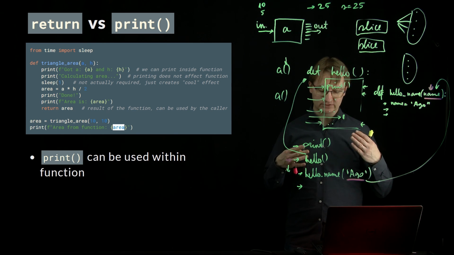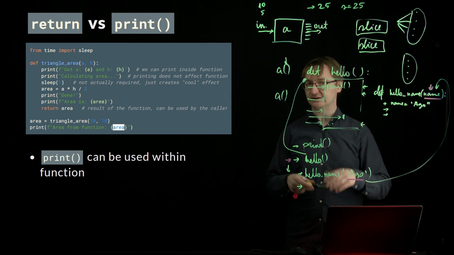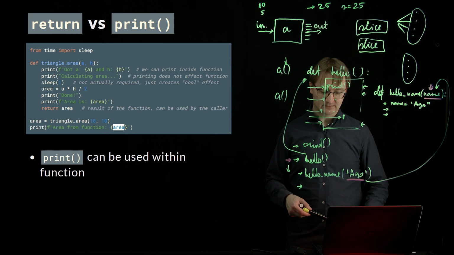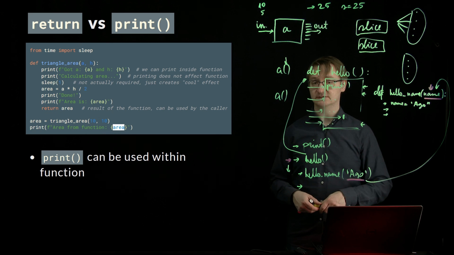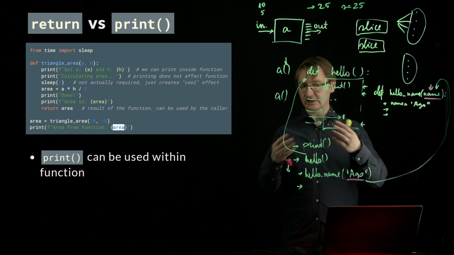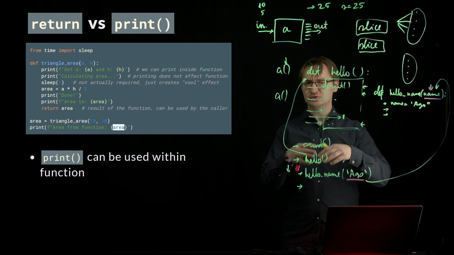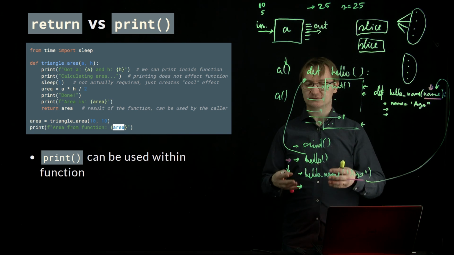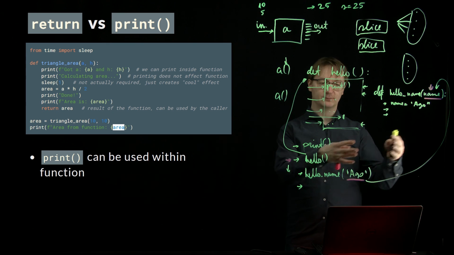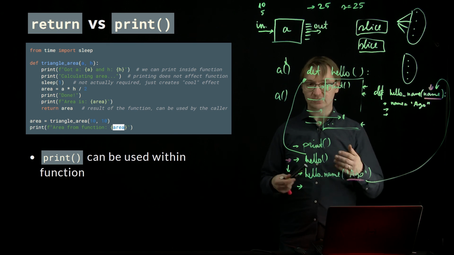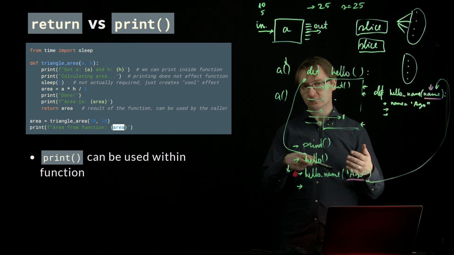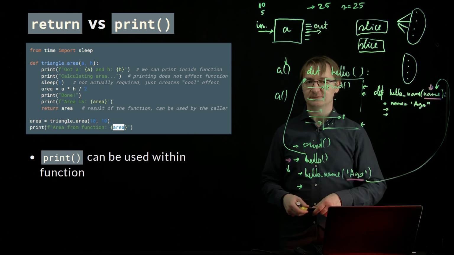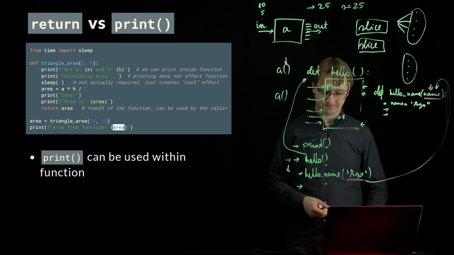So we can use print several times in a function, but it doesn't affect the function in the sense that it doesn't end the function. It usually doesn't even affect different values or different calculations. It's just something to put on the screen. And the return is what we have to use to actually return some meaningful value from the function.